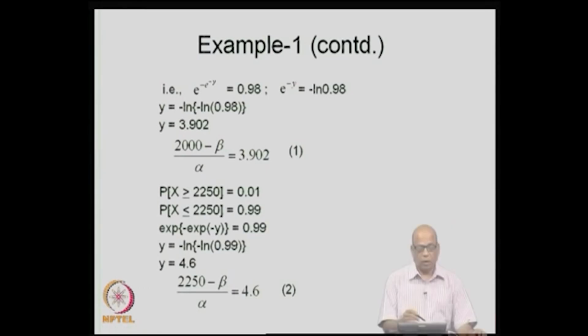So, we write this as e to the power minus e to the power minus y is equal to 0.98, and therefore, by taking logarithms, e to the power minus y turns out to be minus log 0.98, from which we write y is equal to minus log of minus log 0.98, from which you get y is equal to 3.902.